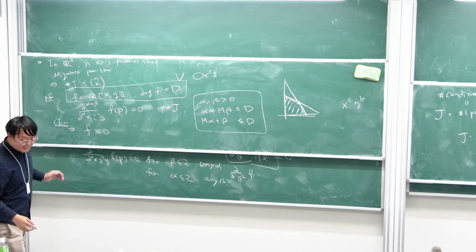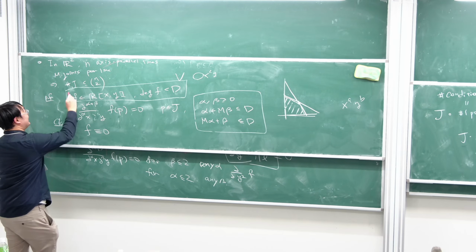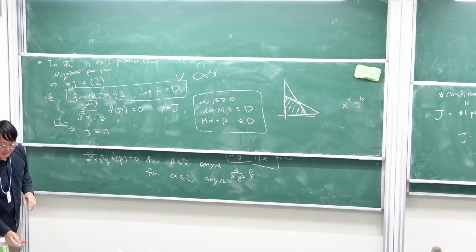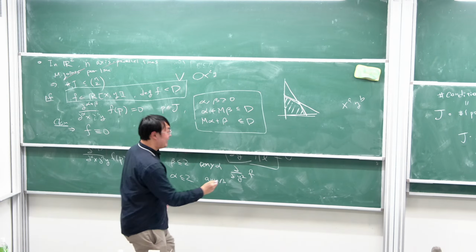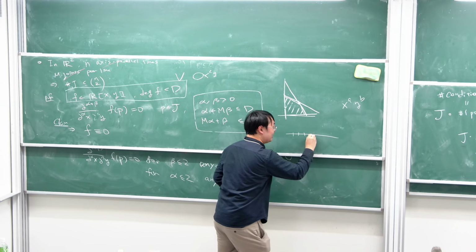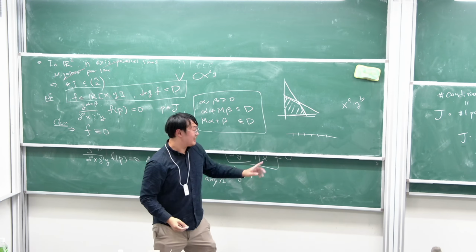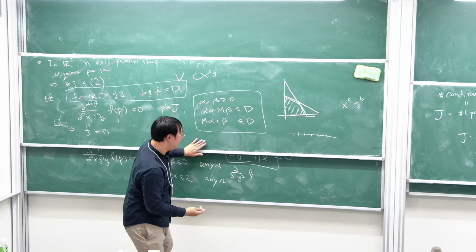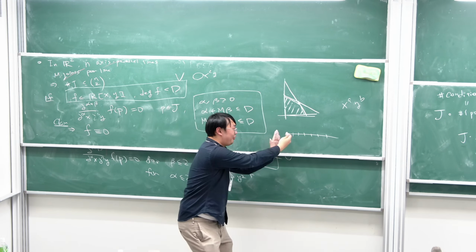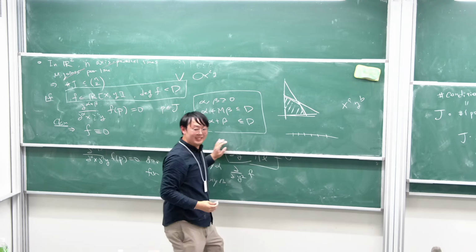Okay. And the second thing I would like to drop is this m joints per line. So imagine that you have a line that contains many joints. And in this direction, I only need fewer conditions along this direction, right?